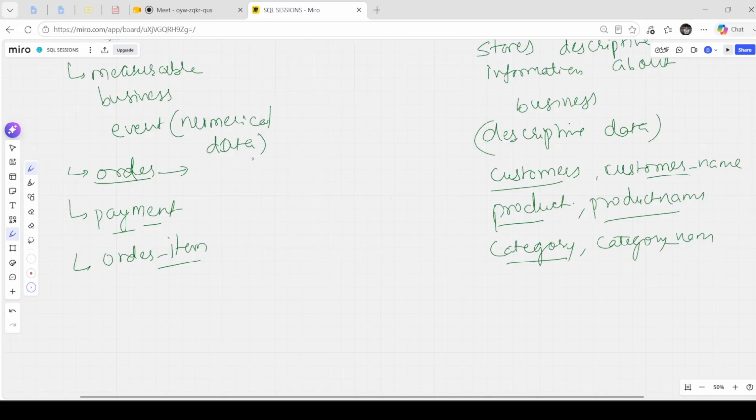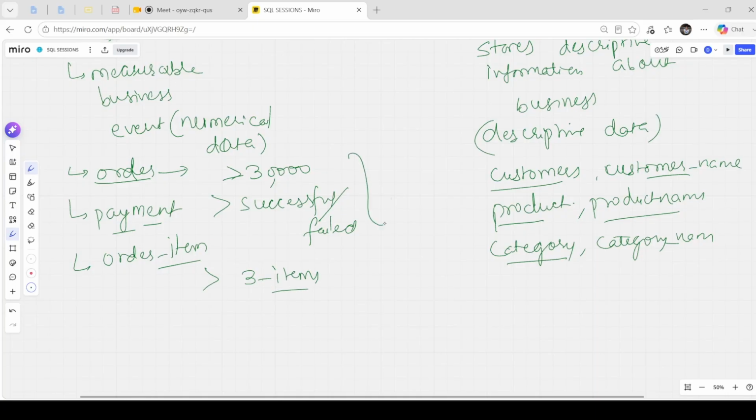Okay, so here we can have some more examples, but let's talk about these three only. From here, can we say how many orders were placed of this much amount, let's say above 30,000, right? How many payments were successful and failed, right? And then you can say generally how many items are being placed in each order. Let's say every customer is placing an order for at least 3 items, so minimum 3 items are being purchased in each and every order, right?